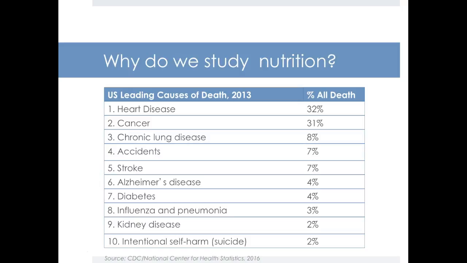Now, not everyone who gets heart disease is going to get it because of their diet. And of course, not everyone who gets diabetes, particularly type 1, there's no correlation with your diet. However, many of those disease statistics can be attributable to food and beverage as well. I also want you to put an asterisk next to accidents, number 4. Much of the accident death that occurs in the United States occurs because of motor vehicle accident death.